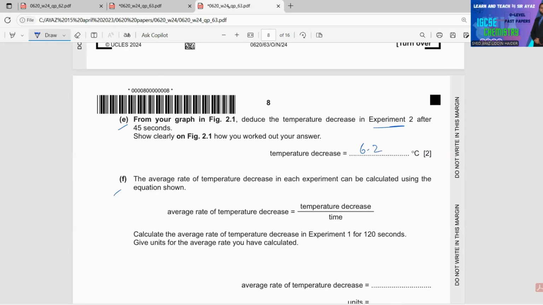So average rate of temperature decrease is equal to temperature decrease by time. Calculate the average rate of temperature decrease in experiment 1 for 120 seconds. Give units for the average rate you have used.